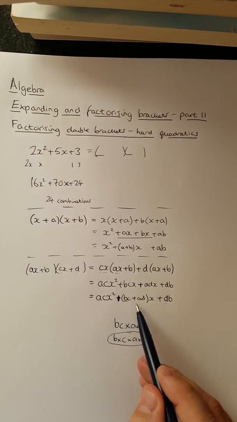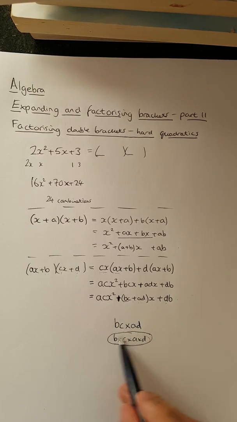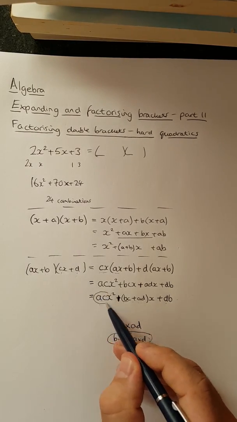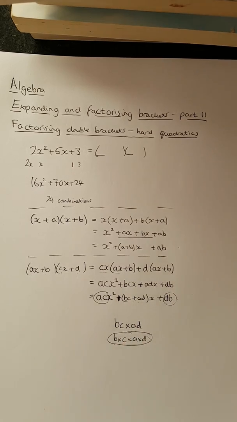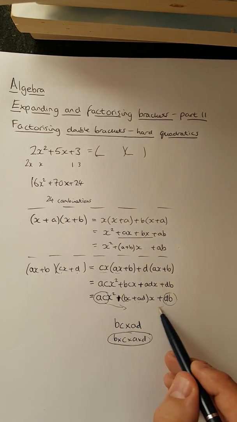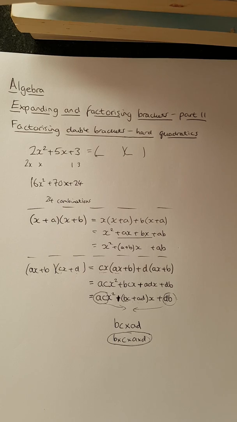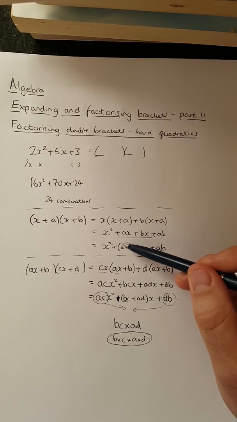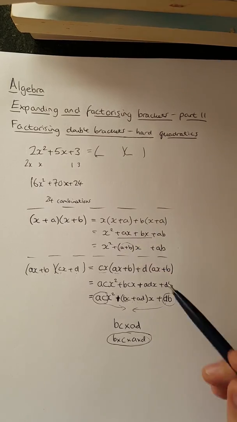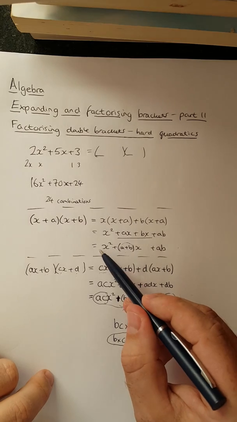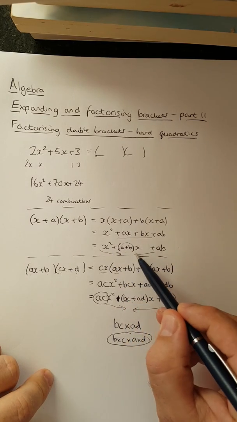Here are those pairs added. All 4 multiplied we could get by multiplying these 2. Now, that seems like a change from before, but let's check. This is the pair added. What happens if we multiply these 2?